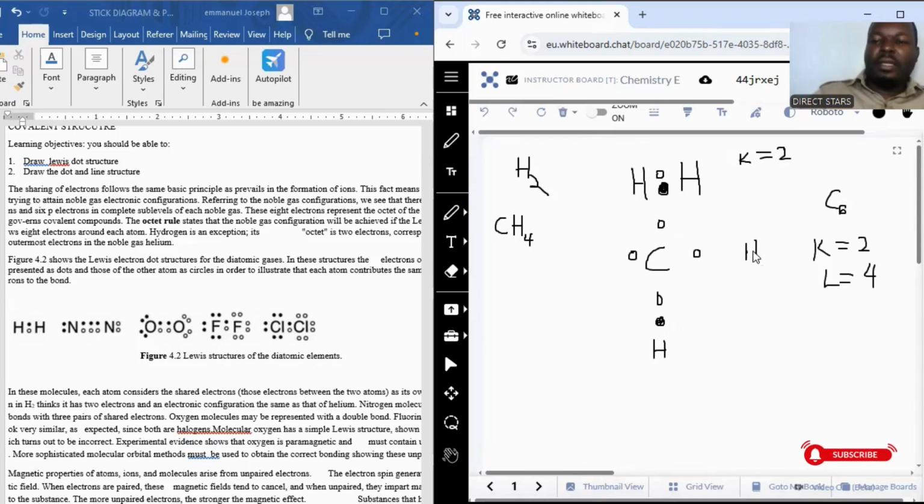And then another hydrogen here, and then another hydrogen here. That way, it will keep the structure together. So carbon, we have one here. Hydrogen has one here. Hydrogen has another one here, and another one here.